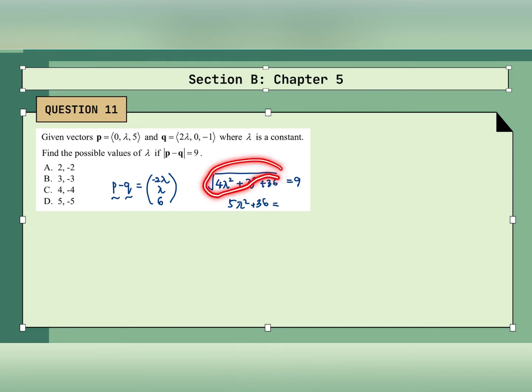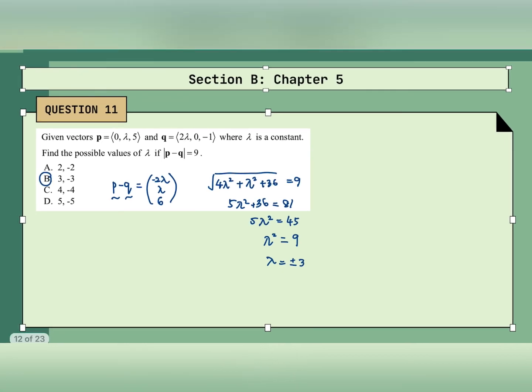Okay, ini boleh pindah sini terus. Okay, 9 squared adalah 81. So 5 lambda squared equals to berapa? 45. And lambda squared will be 9. Okay, and our lambda will be equals to plus minus 3. So the answer adalah B.